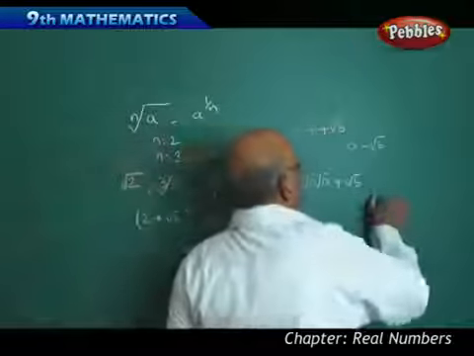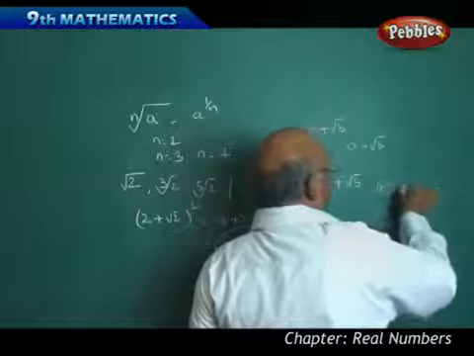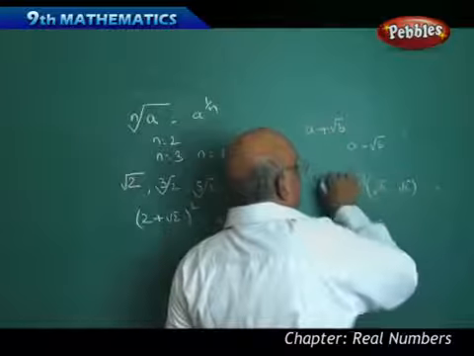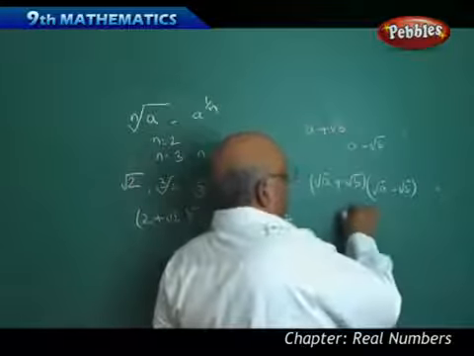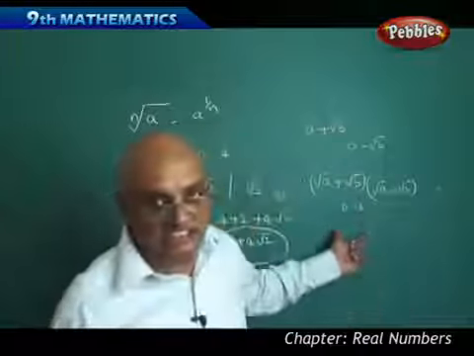Now, for example, if I take root a plus root b, its conjugate is root a minus root b. Therefore, if I multiply these two, we get a minus b, an integer.